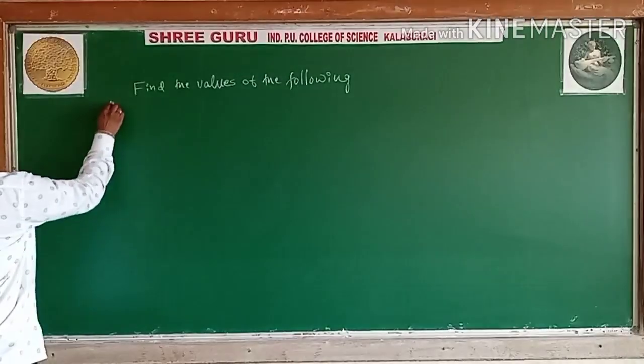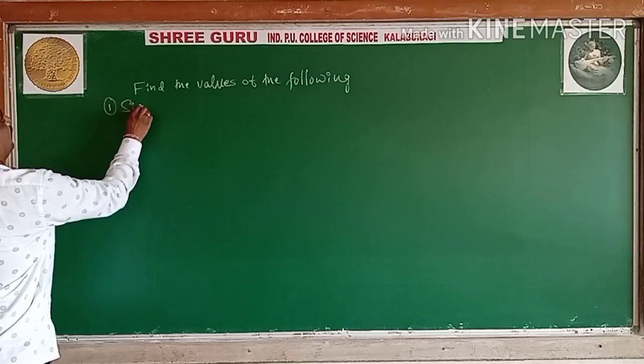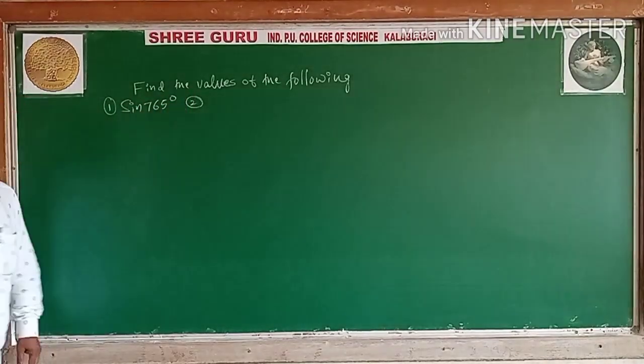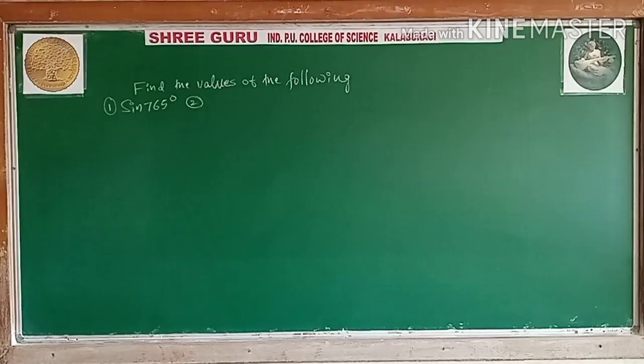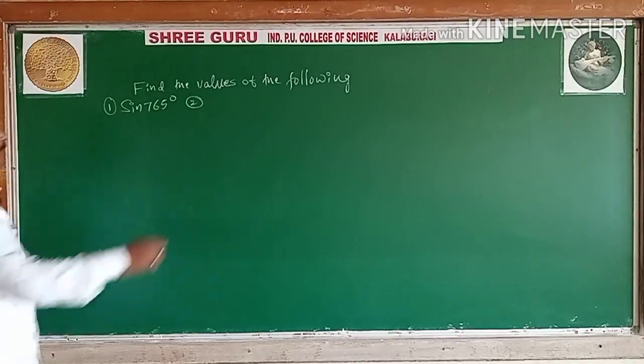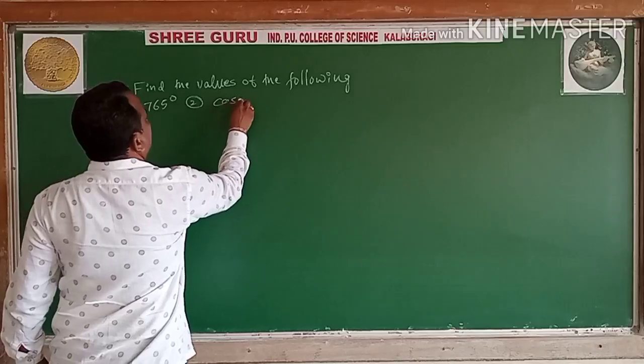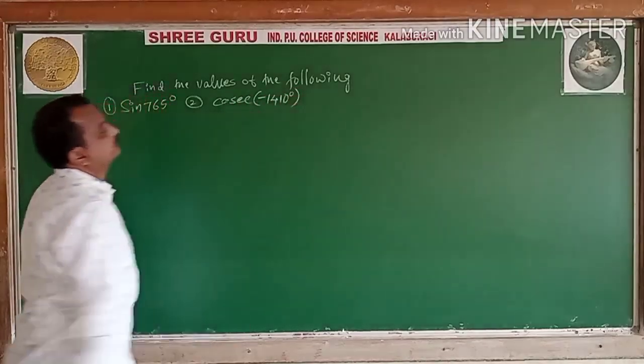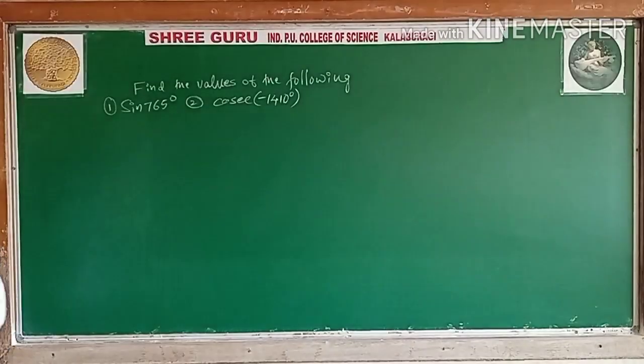First one, sin 765 degree. Sin of 765 degree, cosecant of minus 1410 degree. You may calculate using the allied angle. You may calculate any value.